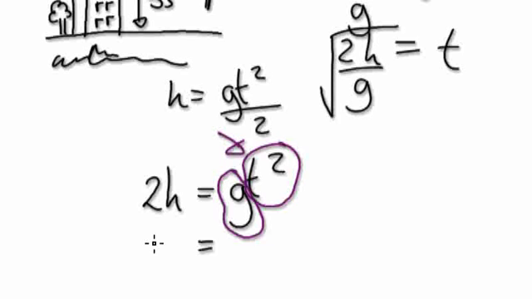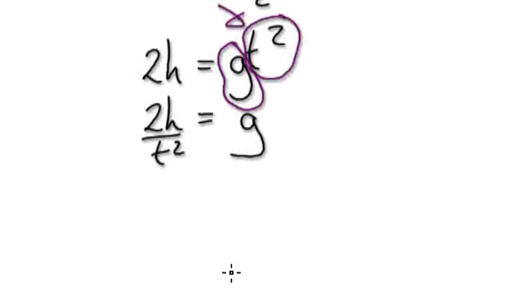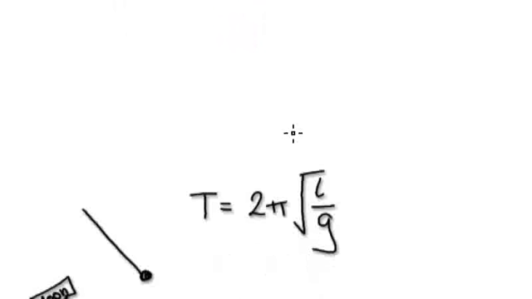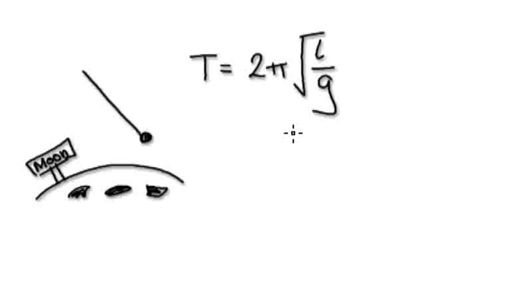So divide both sides by t squared. So take the 2h down and then divide it by t squared. That will give you g. So now all you have to do is plug in the height of the building, and then plug in the time it takes to hit the ground, and then you can find out what the gravitational pull of the planet that you're on. See, that's why being able to rearrange formulas is so important, so useful as well.